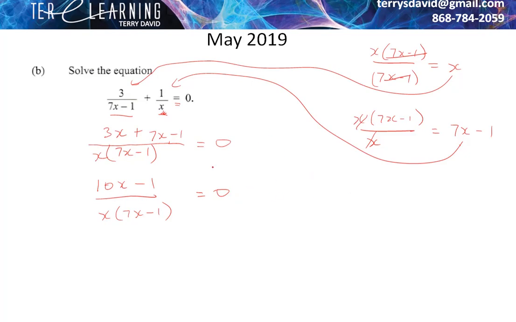So in order for this equation to be equal to 0, my numerator has to be equal to 0. So therefore 10x minus 1 is equal to 0. So therefore 10x is equal to 1, and therefore x is equal to 1 over 10, right? So therefore x is equal to 1/10.